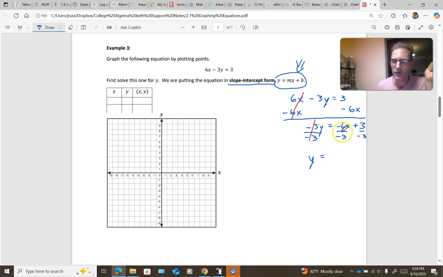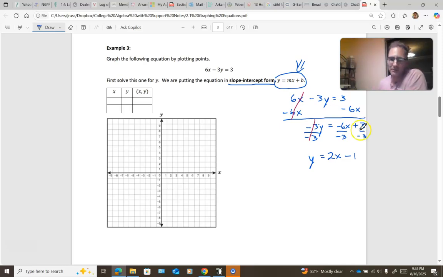Equals, and then over here, guys, this will actually divide evenly. -6 divided by -3 is an even 2. So this will give us 2x, and then 3 divided by -3 is a -1, okay?